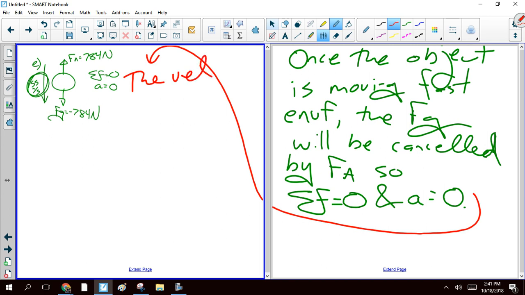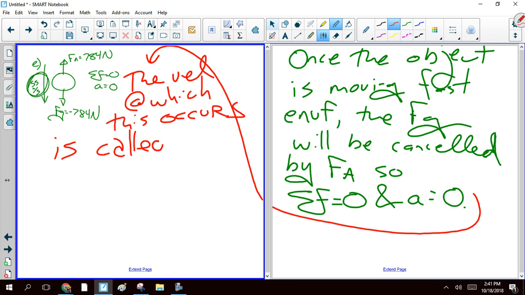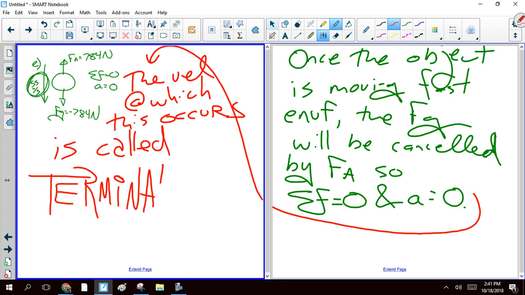The velocity at which this occurs is called terminal velocity.